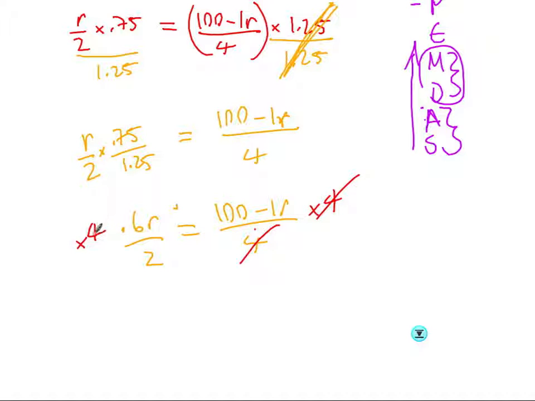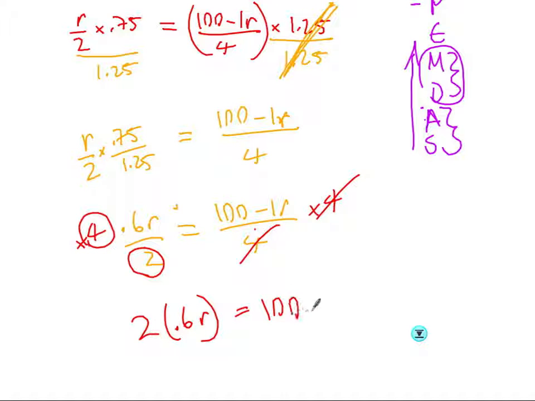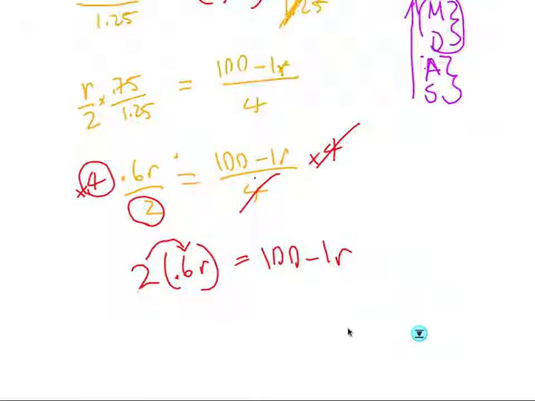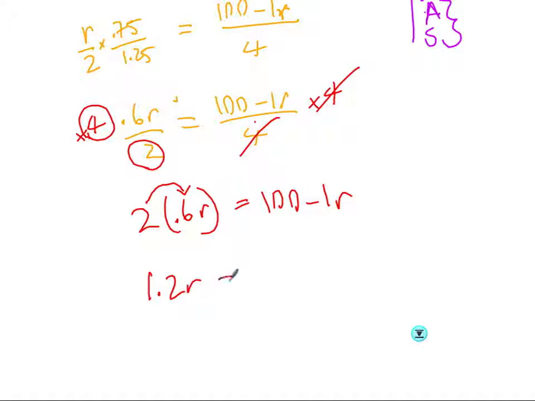And we could take this 4 and multiply by 0.6r, but notice that we have 4 over 2. Well, what does 4 over 2 simplify to? 4 divided by 2 is just 2. And then we have 0.6r is equal to 100 minus 1r. Okay, so let's go ahead and multiply this 2 times 0.6, and that is going to be 1.2r is equal to 100 minus 1r.